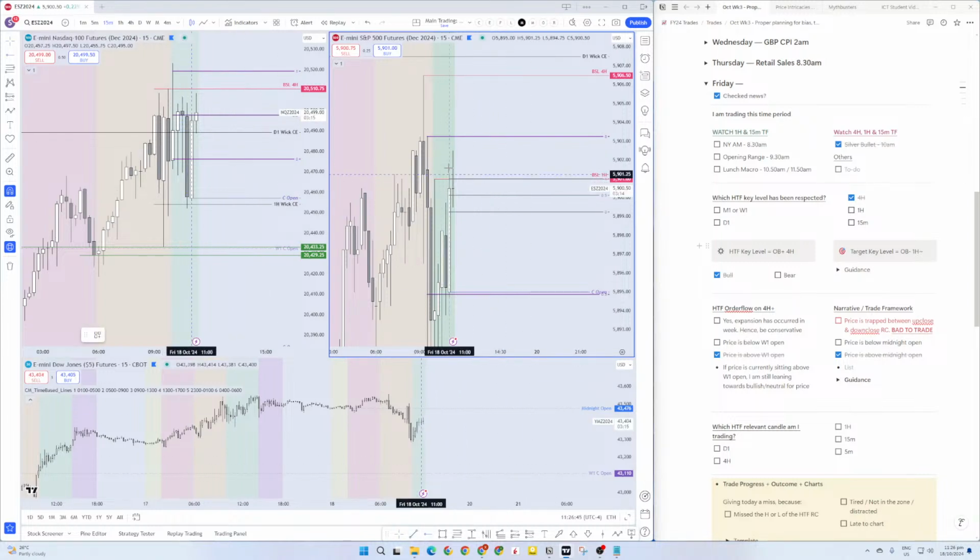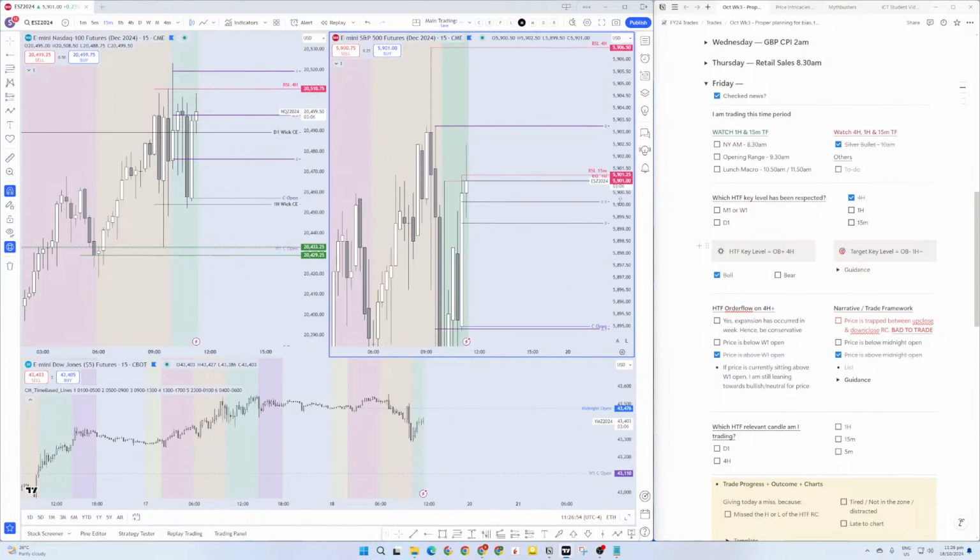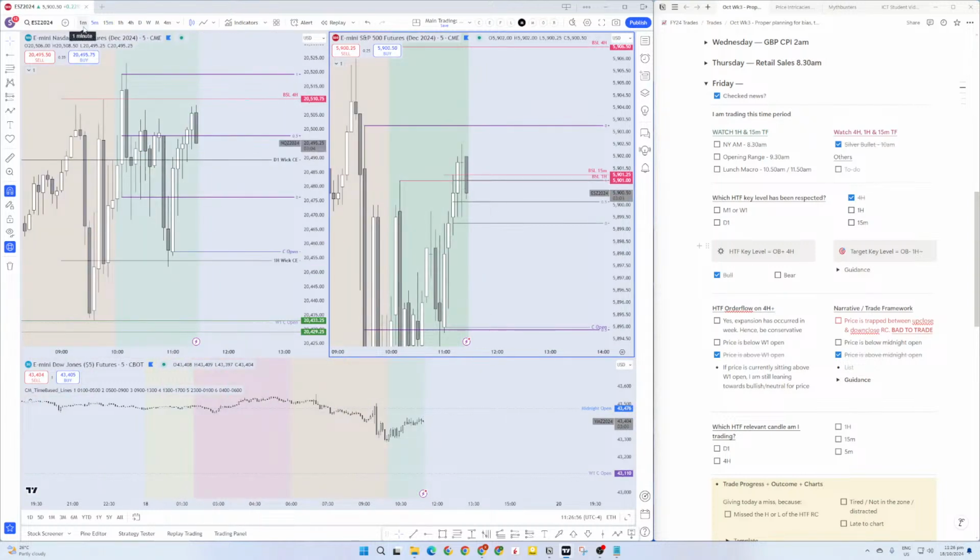Okay, so what's happening here is price traded into a 1-hour swing high. It also traded into a BSL 15-minute. And if this is 15-minute, we can pick this candle on the 5-minute.